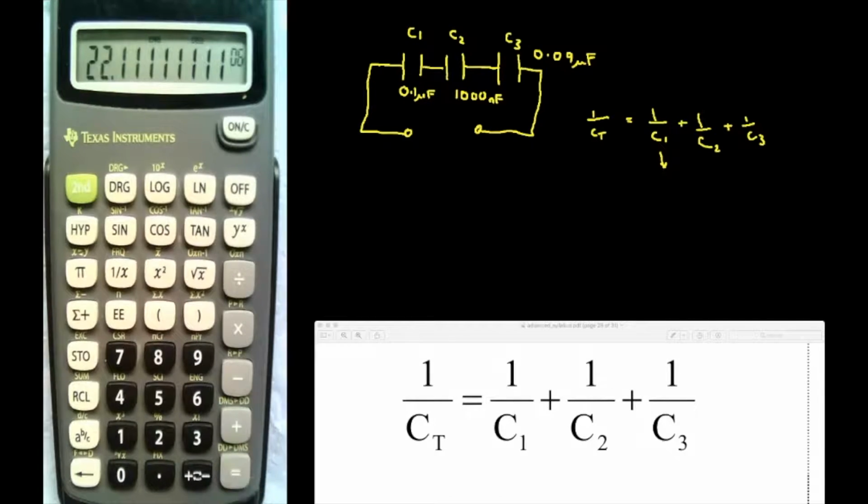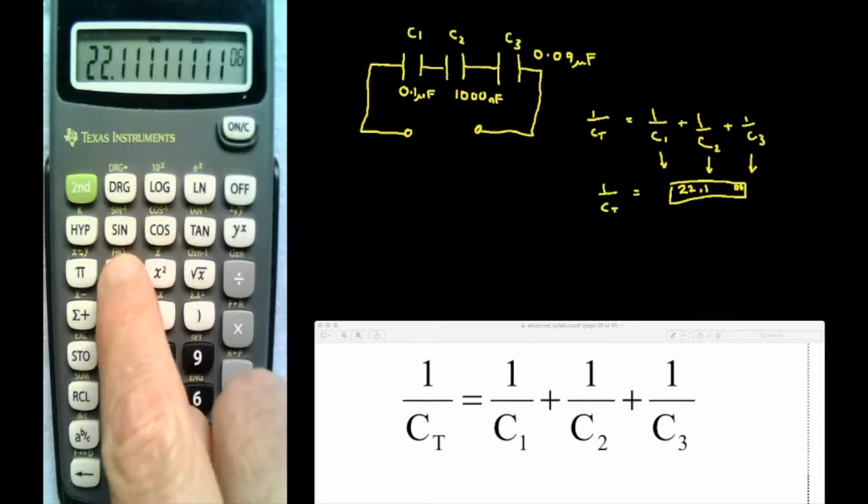And I press equals. So now I've got these three terms added together in the display. And it's 22.1 times 10 to the 6th or something like that. 22.1 recurring, and I've got a 0.6 up in the top corner. But of course, remember that is 1 over Ct equals that. So I need to flip what I've got in the display, in the X register, to get Ct.